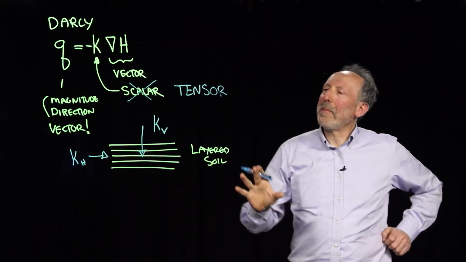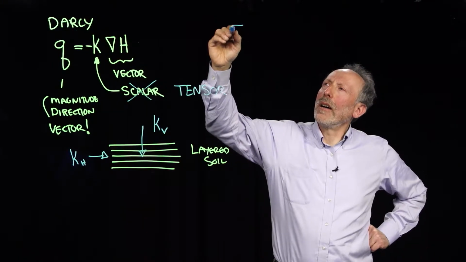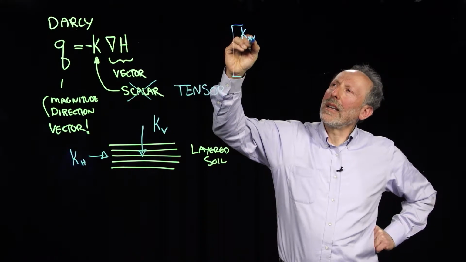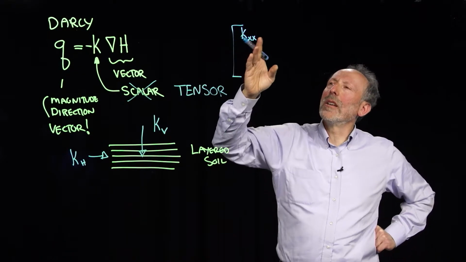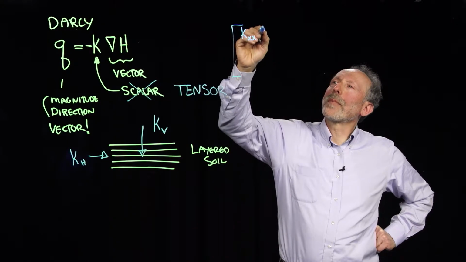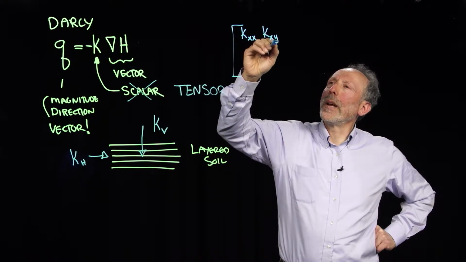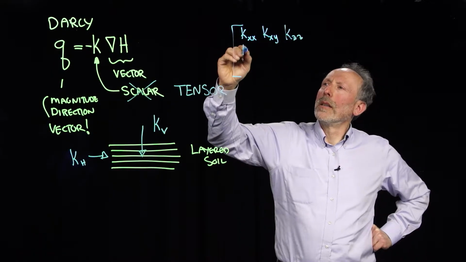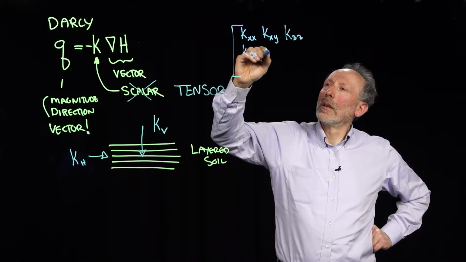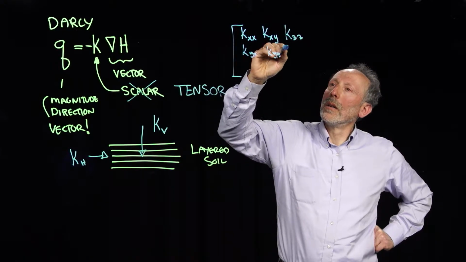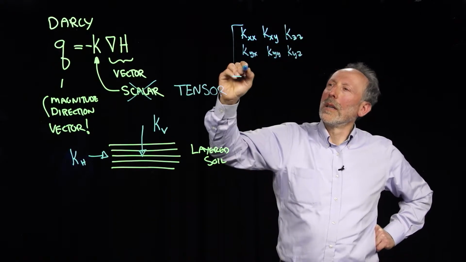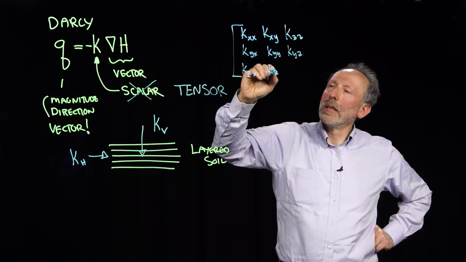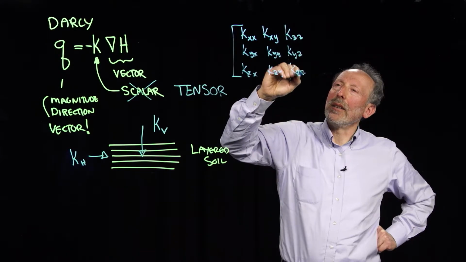And so what that means is we'll have 9 values in general of conductivity. There'll be the effective conductivity in the x direction due to a gradient in the x direction, the conductivity in the x direction due to a gradient in the y direction, etc. And, of course, for the z, and kzz.